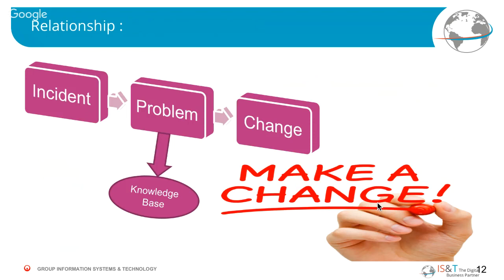An incident may evoke a problem, which is the cause of one or more incidents. Once a problem has been isolated, it may require changes to be made through the organization's change management process. In ServiceNow, this can be accomplished easily from the problem record.